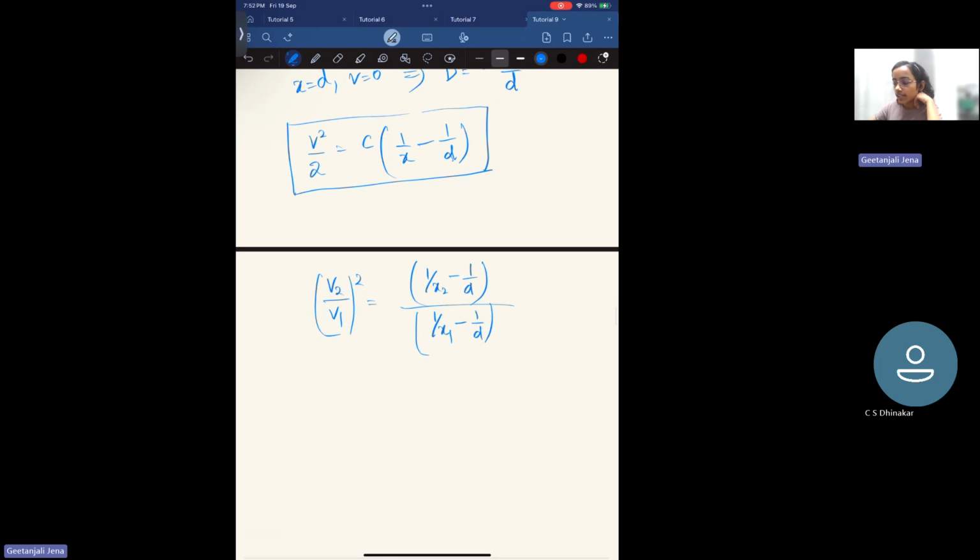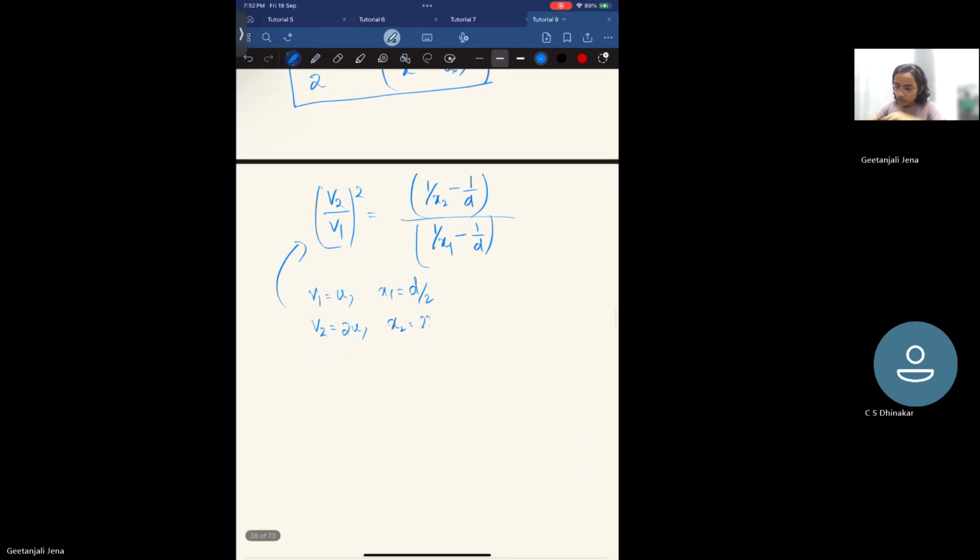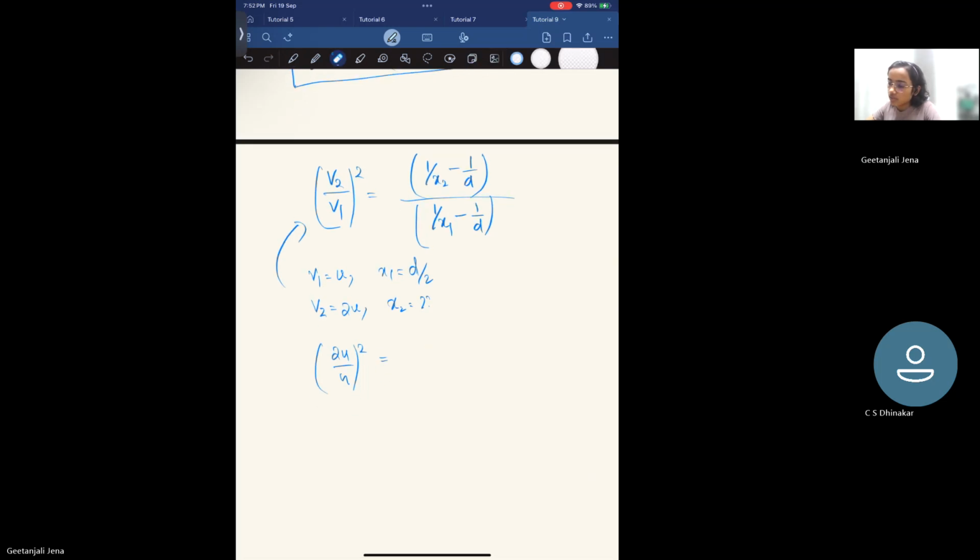Okay, so one case is given that when v1 is u, the distance x1 is d by 2. Otherwise, v2 is 2u, but you don't know what x2 is. That we get from here. So this is (2u by u) square, equal to 1 by x2 minus 1 by d over 1 by x1, which is 2 by d, minus 1 by d.